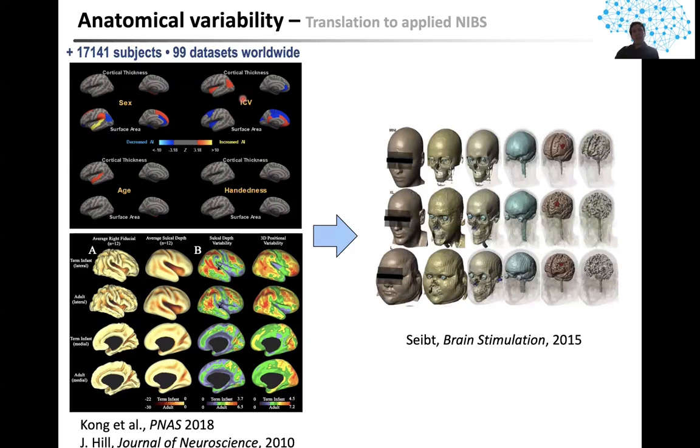We are applying non-invasive brain stimulation on these variable brains. Our focus in our study was to investigate gender and brain size effects in regard to simulation on a larger cohort of healthy subjects.